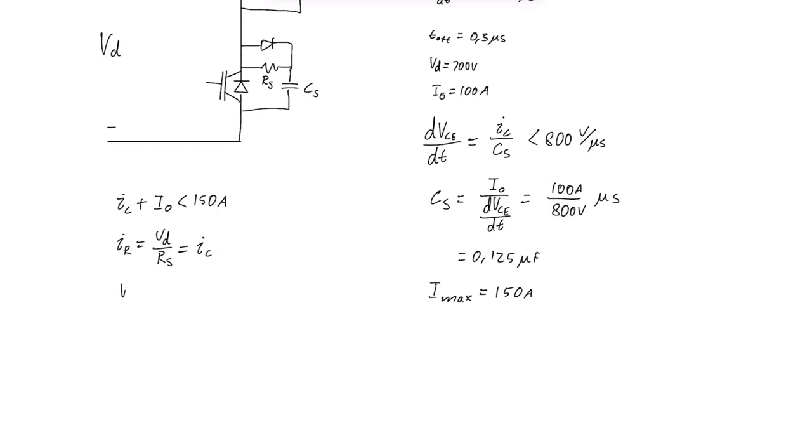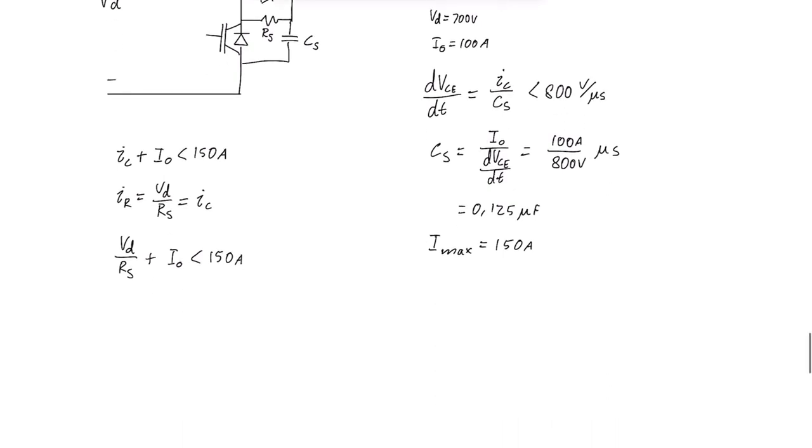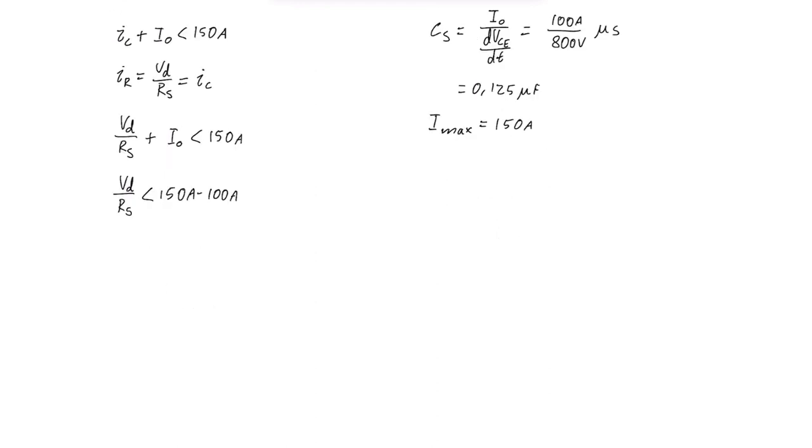So we can put this equation that we got for IC into this equation. So that means that VD over RS plus IO needs to be lower than 150 amps. And we know that IO is 100 amps, which means that VD over RS should be smaller than 150 amps minus 100 amps, right? So since all of the variables are positive, we can move RS to the other side.